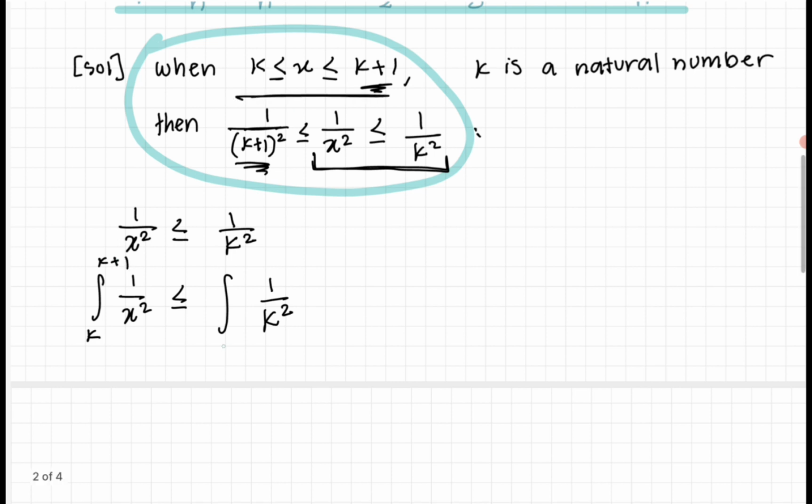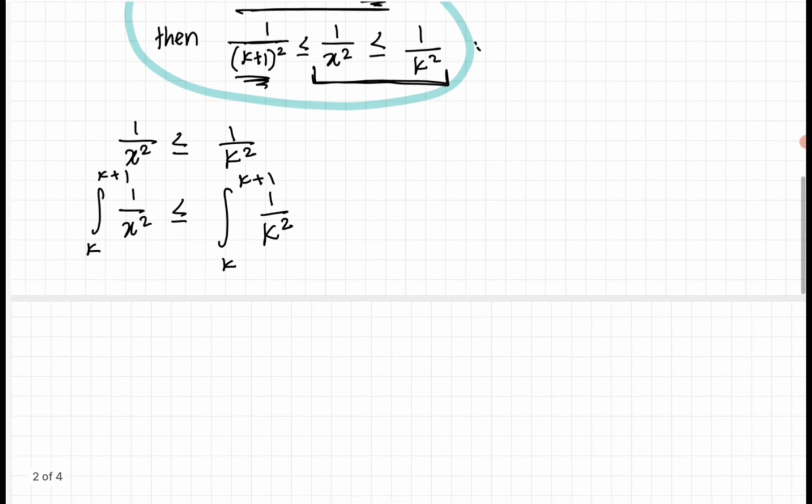However, the equal-to part of the inequality sign doesn't hold true for all the values, so we're just going to erase that since it's not true for all the values.